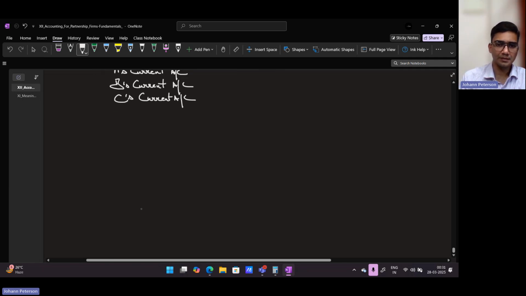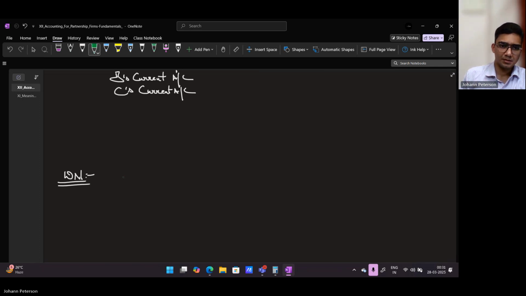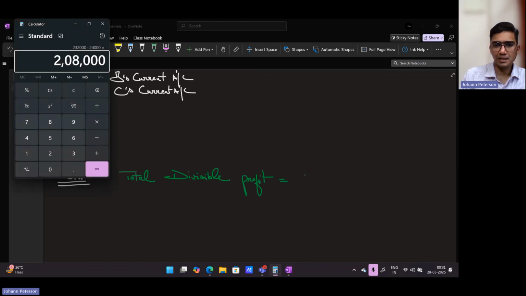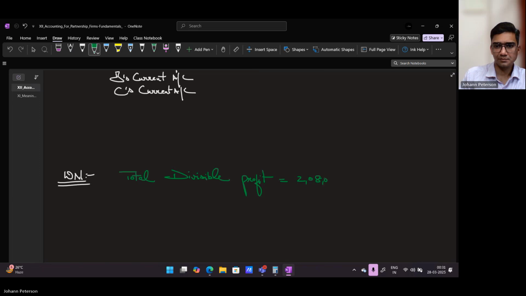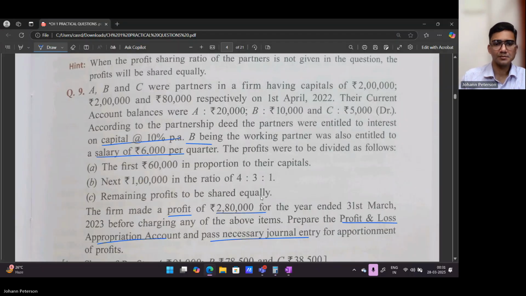Okay, let's write some working notes. Total divisible profit we just saw came out as 2 lakh 8. Now it says this divisible profit is given in three parts. The first 60,000 in the proportion of their capitals.